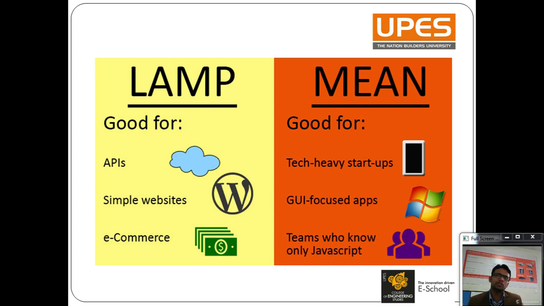So the technologies in each stack are not exclusive. You may use a relational database like MySQL or a non-relational database like MongoDB. That depends. It's not that we have to stick exclusively to these technologies. You can have various combinations of these stacks.